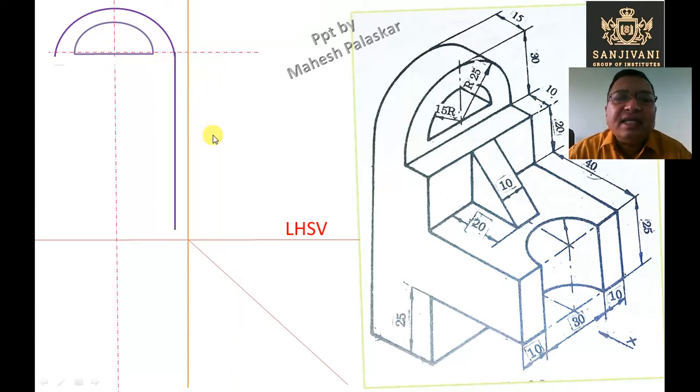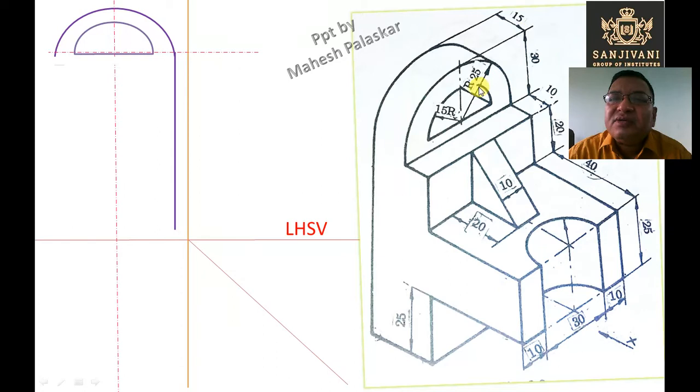This vertical line is how much long? That is 25 plus 25, 50 plus 20, that is 70, plus this 5, that is 75, right? So the length of this line is 75 from here. Now this distance is 5 mm, because this radius is 25 mm and this total distance is 30 mm.